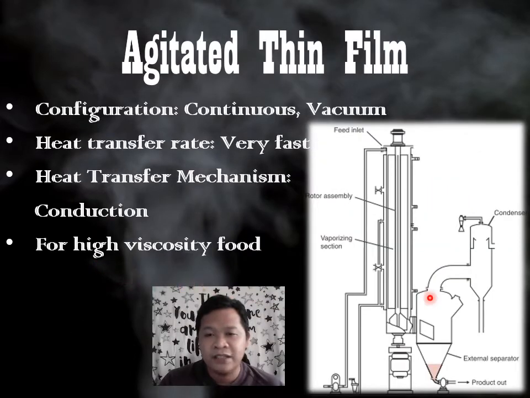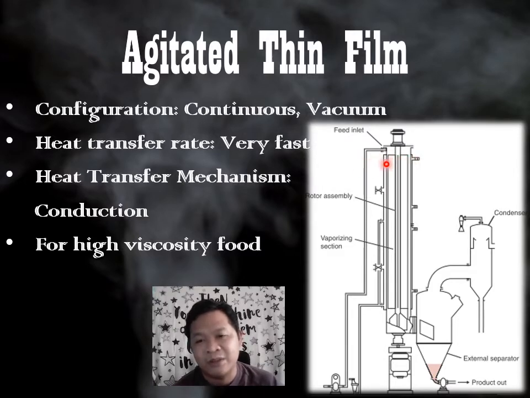Okay, in the agitated thin film evaporator, so para siyang falling film pero meron kang higanteng agitator. So this one is a giant paddle, if you can see the cross section. Okay, so habang nahuhulog yung feed dyan and it comes into contact with it, may heat transfer na nagaganap through the steam dyan sa jacket niya. So ini-stir mo to increase the rate of heat transfer within the fluid.